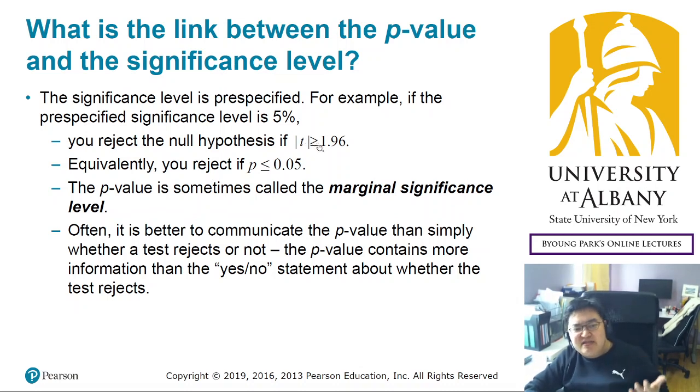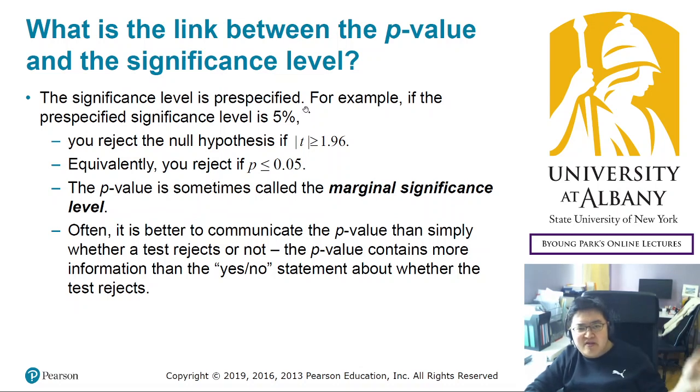Too large means larger than 1.96. Then your belief and the data are too different. So your belief is wrong. The data will not lie, so that means your hypothesis is likely wrong. And the threshold is 1.96, which is implied by a significance level of 5%.